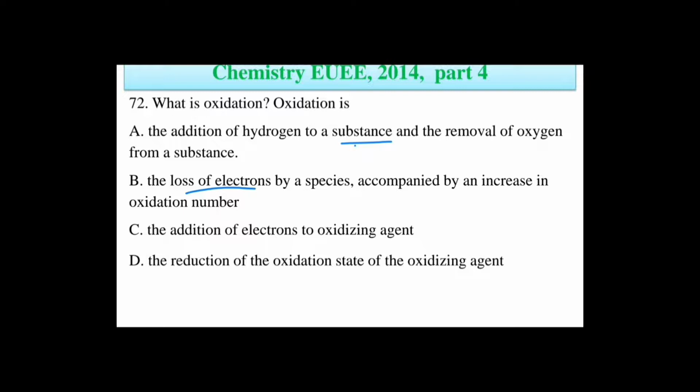Oxidation is a process of losing electrons and increase in oxidation number. The opposite of oxidation is reduction, which is the process of gaining electrons and decrease in oxidation number.